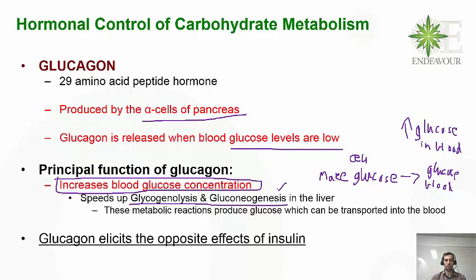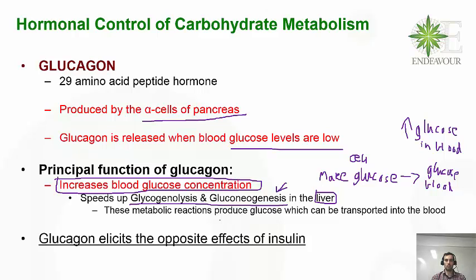Gluconeogenesis occurs predominantly in the liver, about 90%, and glycogenolysis occurs where we store glycogen, which is in the liver and also the skeletal muscle, except only the liver has the enzyme that's required to convert the glucose into free glucose, which can be taken out into the blood. So that's why both of these processes that are involving increasing the blood glucose level are done by the liver.